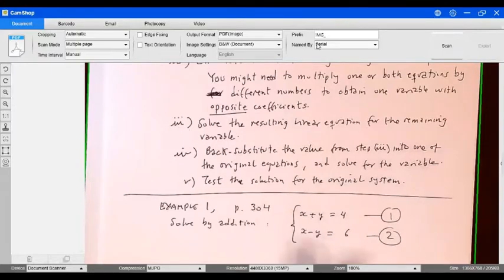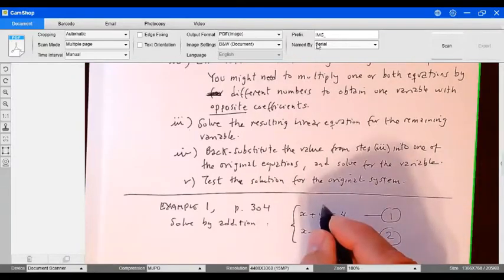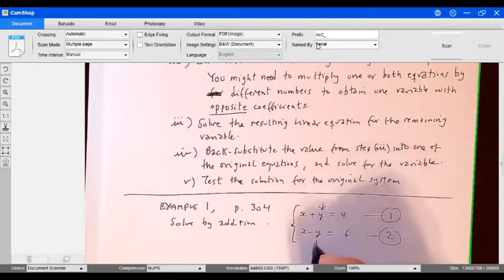And you can see here that, for example, the variable x has coefficients 1 and 1, so it's the same coefficient. And the variable y has coefficients 1 and negative 1. So in this case, you see that one of the variables already has opposite coefficients, and that's the variable that we're going to eliminate because it has opposite coefficients.